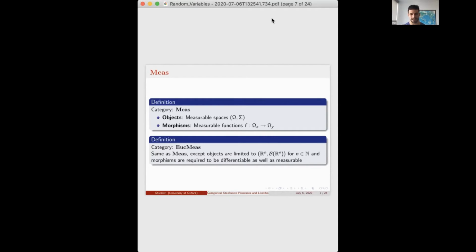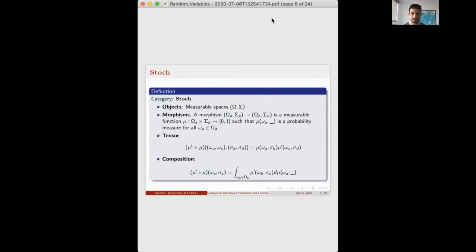This will give us a nice bridge between categories that rely on differentiation and categories that rely on measurability and probability. And we have Stoch as well, an important category in categorical probability. It's the Kleisli category of the Giry monad. There are a lot of interesting subcategories of it that we need for all kinds of different things.